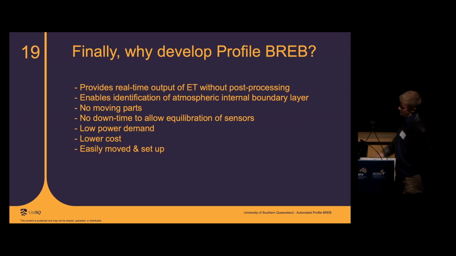And a big one was lower cost. Using research grade sensors, this was still less than $10,000, including hardware, solar panels, batteries, and everything else, which is a huge cost reduction on eddy covariance systems.